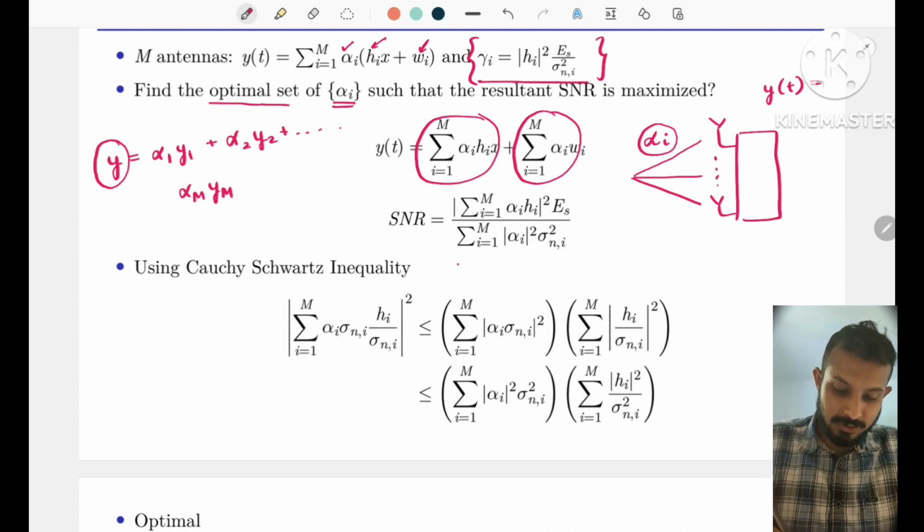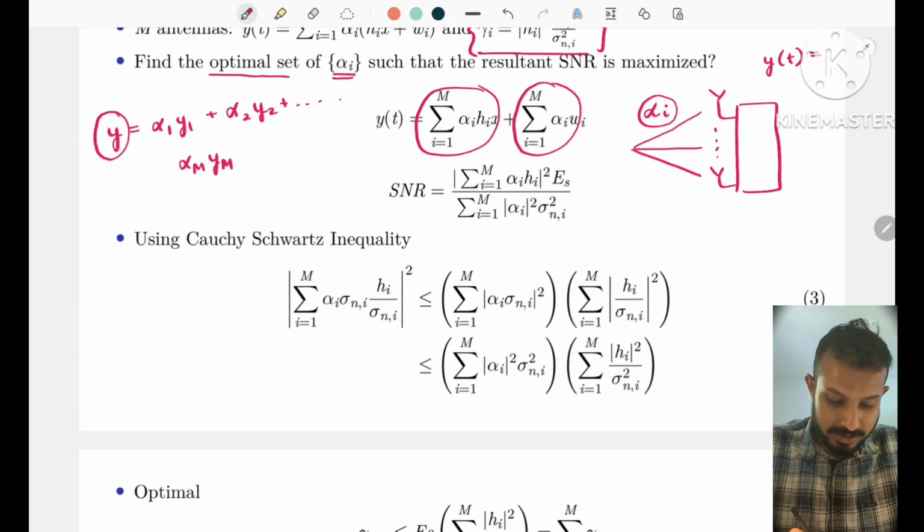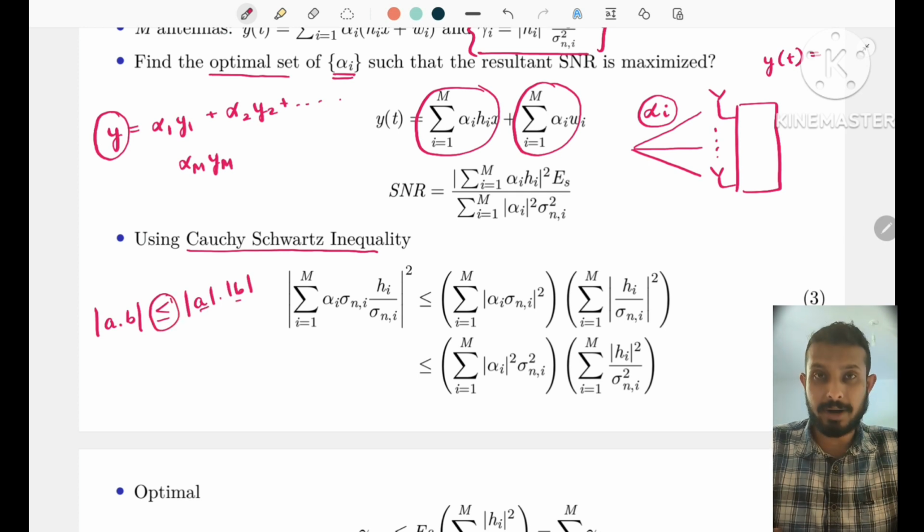So then next we will do some manipulations using the Cauchy-Schwarz inequality, which states that the absolute value of the dot product of two vectors is less than or equal to the product of their individual norms. And this is an equality when these two vectors a and b are dependent.